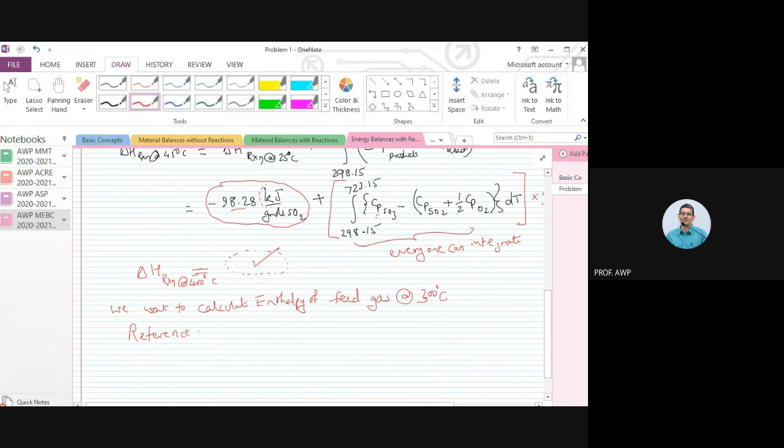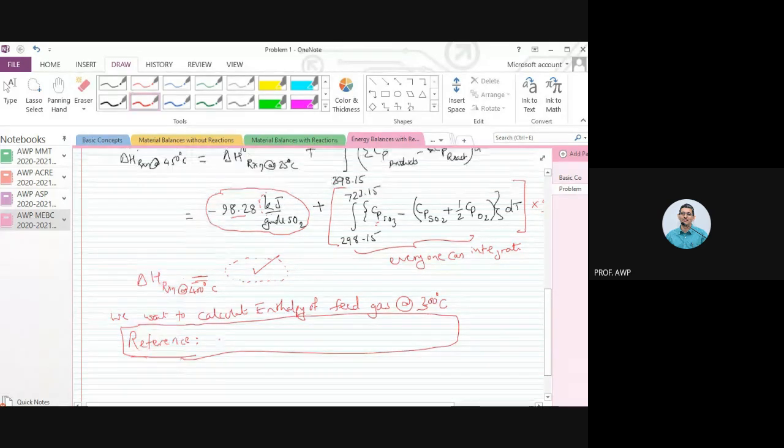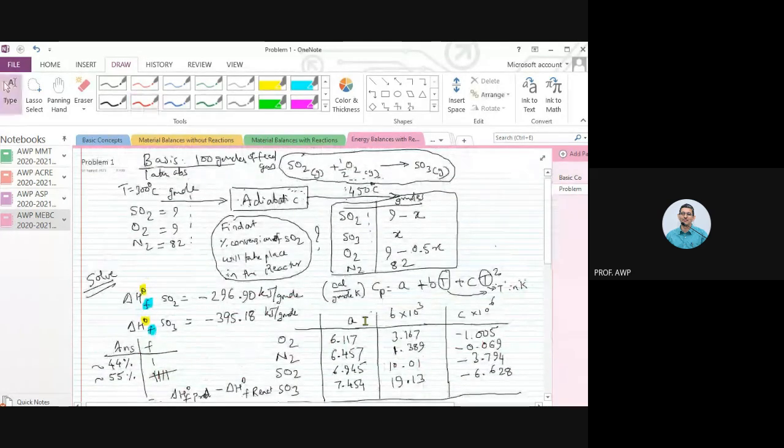Okay, so here is a point that I would like to make: whenever we are talking about enthalpies and whenever the reactions are occurring, with these standard states we have automatically assumed that our reference is 25 degrees centigrade, 1 atmosphere pressure.